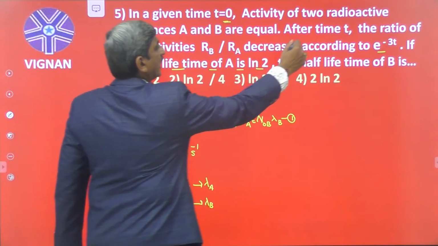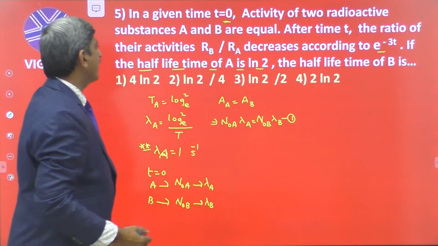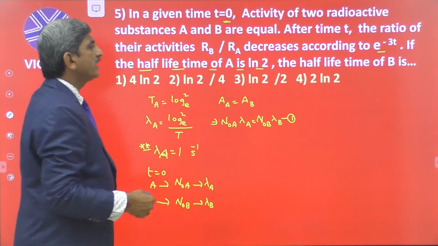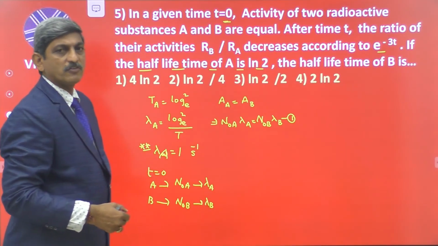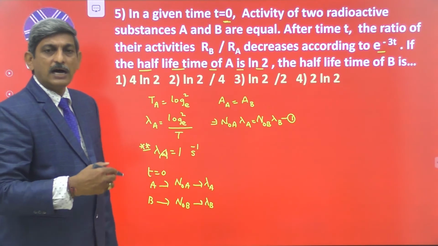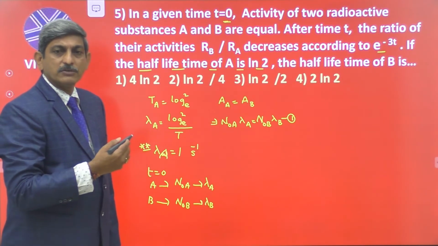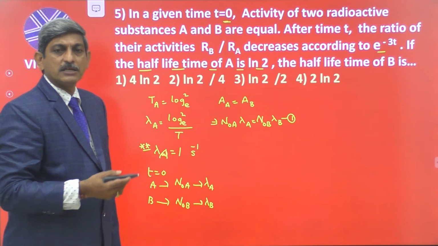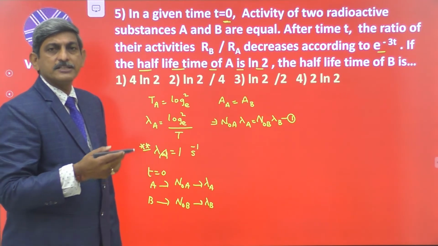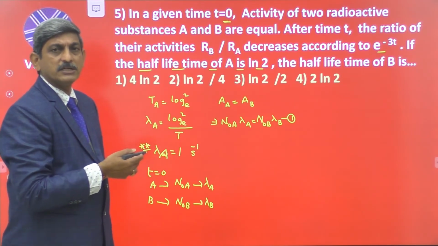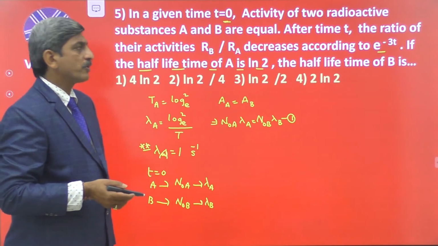So after time t seconds, the ratio of their activities Rb by Ra decreases according to e to the power of minus 3t. Already we know that according to the radioactive decay law, the number of nuclei decreases exponentially. That's why the activity also decreases exponentially.